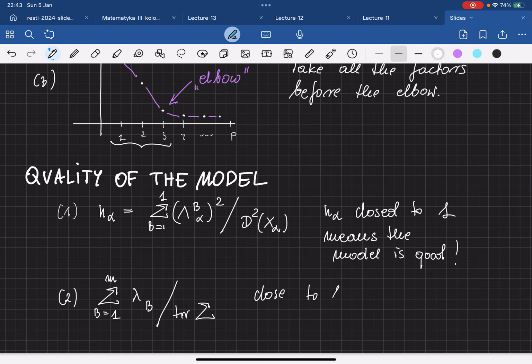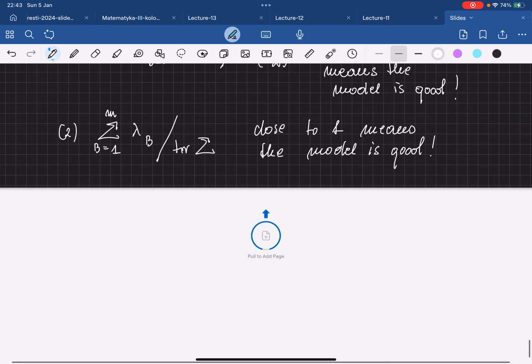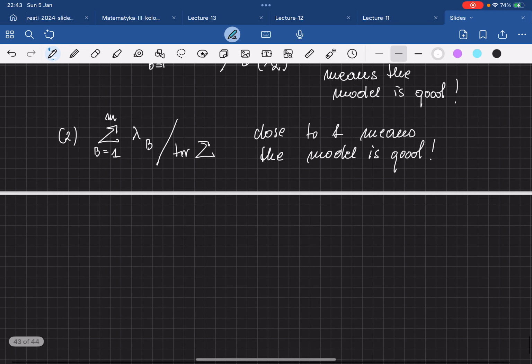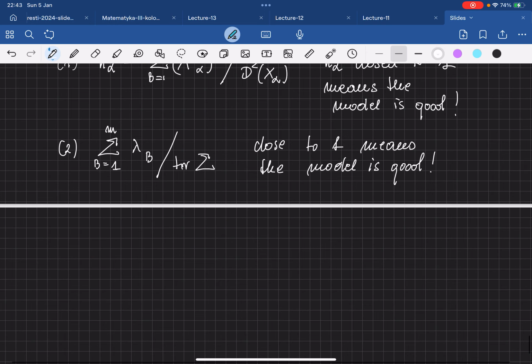Close to 1 means the model is good. Because this says how much of the total variance is explained by the model.